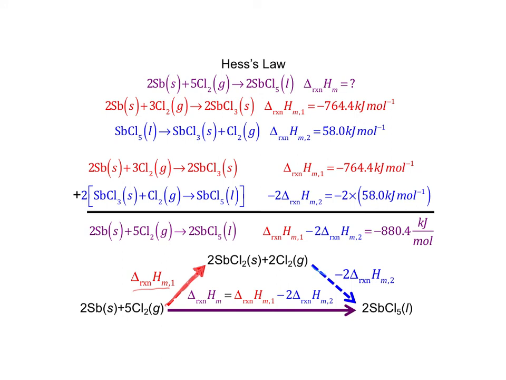And then in the second step, we are going from our intermediates to our products, with that second reaction. And so we know that the overall, the products minus the reactants, doesn't matter what steps we take. And so we can just add together these two steps and get that overall delta H.